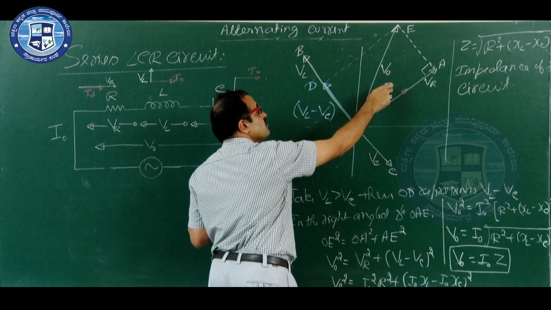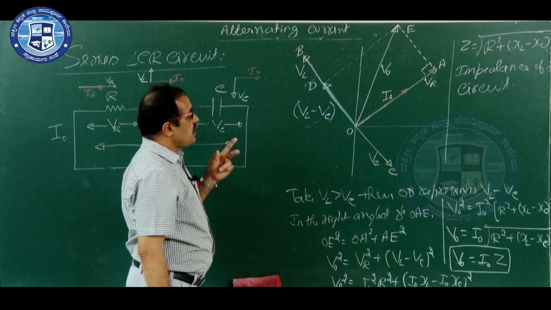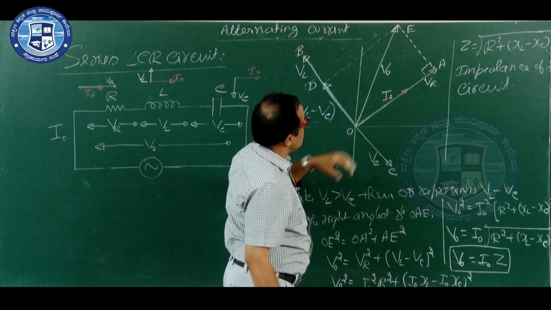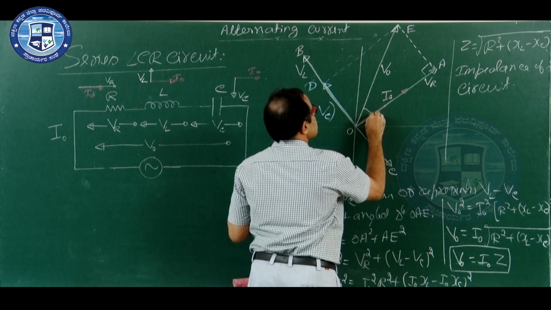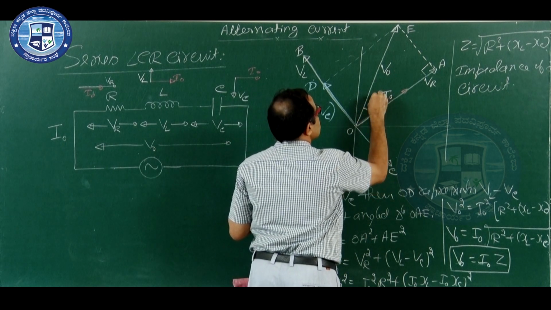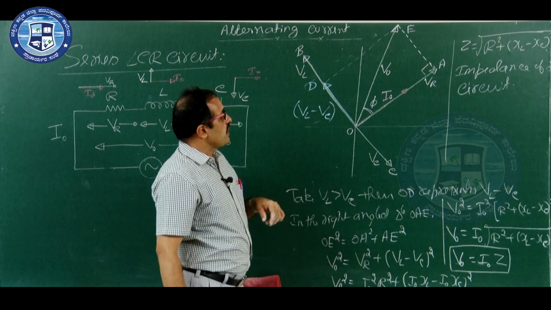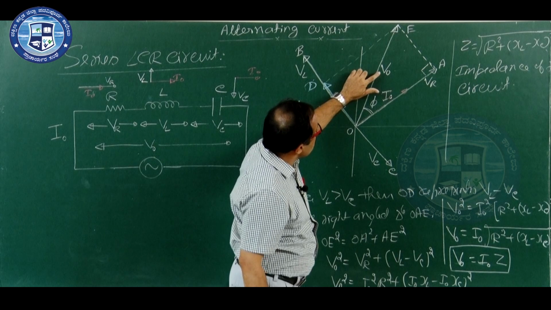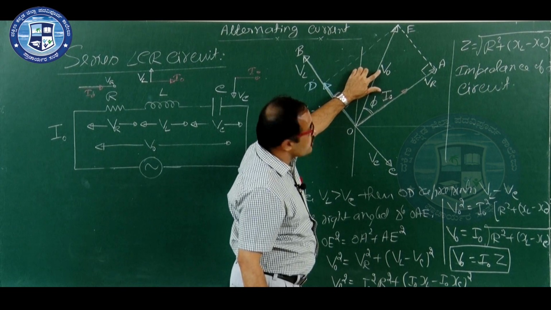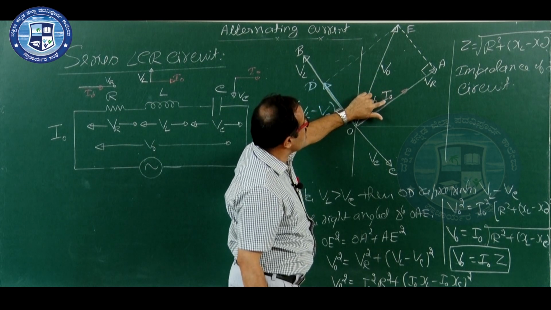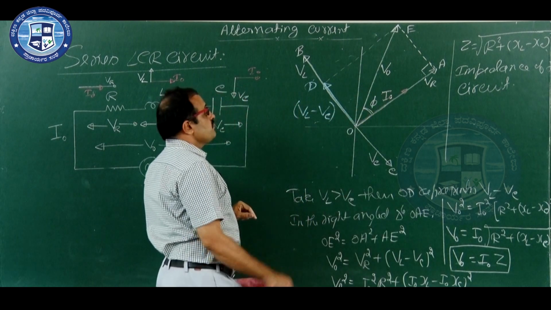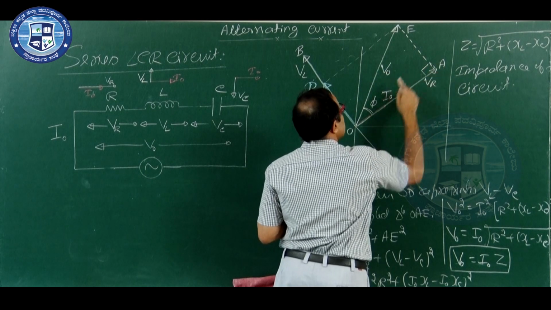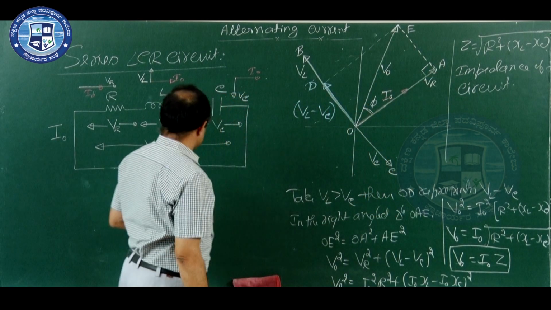So, voltage leads the current, and we have a phase difference between the voltage across the circuit and the current. That phase difference is taken as phi. So, this angle now we take as phi. Phi is the phase difference between the peak voltage across the LCR circuit and the peak current through the circuit. And again you take this right angle triangle OAE. In this right angle triangle, what is tan phi?